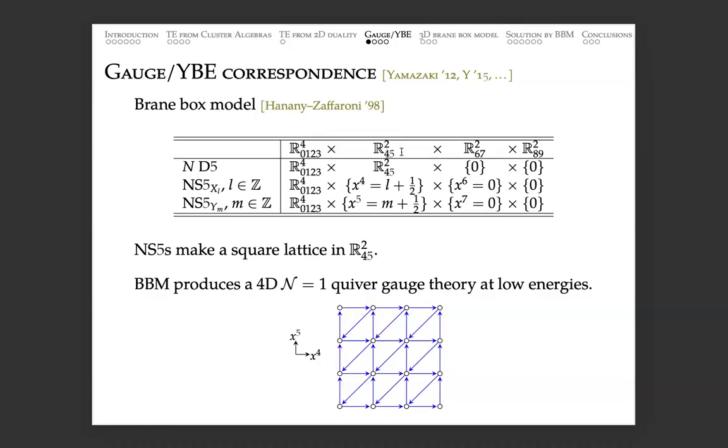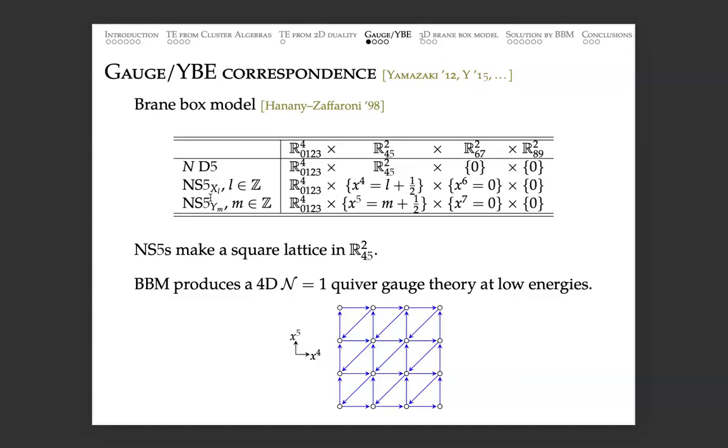So you have D5 branes, and NS5 branes intersect this stack of D5 branes, in a way that makes a square lattice. And this is what I want: the square lattice on which an integrable lattice model emerges. So you have this brane configuration.